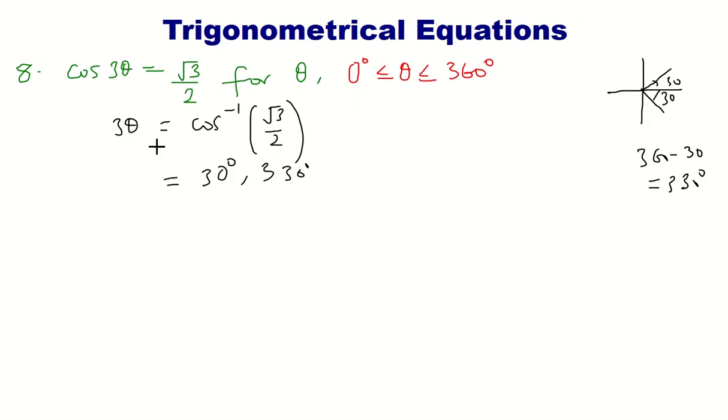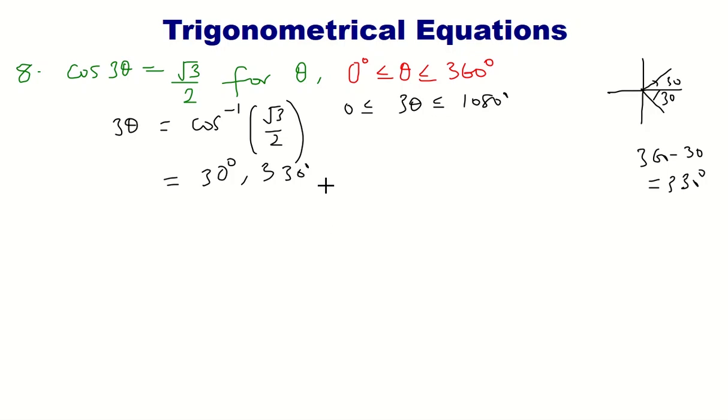So let's first examine so that we don't miss out on any value. If our theta is supposed to be between 0 and 360, what about 3 theta? We expect it, multiplying this by 3, to be between 0 and 1080.